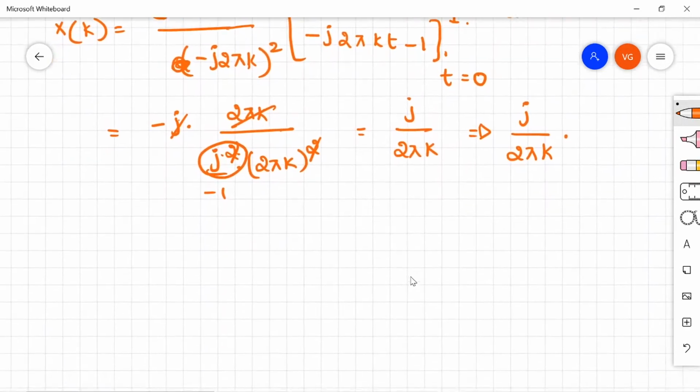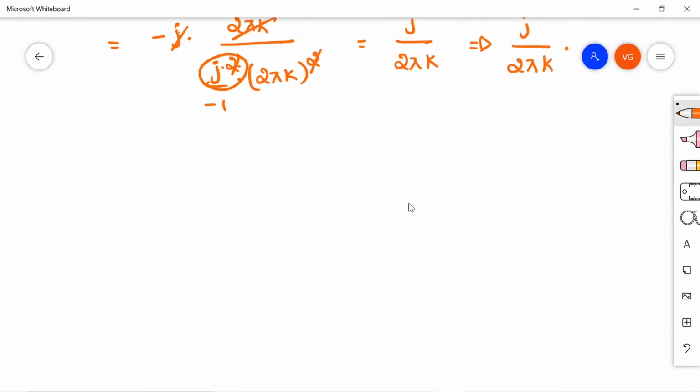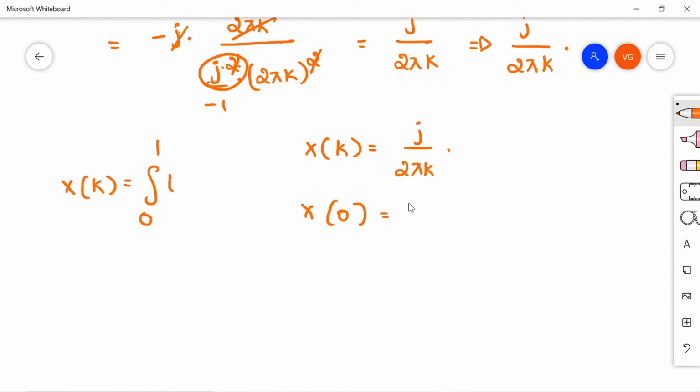Now we have to get the values of the Fourier coefficients. So let us find out. x of k is j by 2 pi k. To find out the complex Fourier coefficients, x of 0, if you put in the equation, x of k is integral 0 to 1 t e power minus j 2 pi k t dt, right?